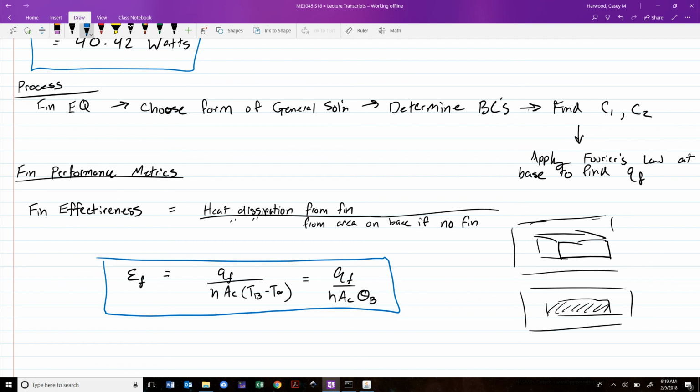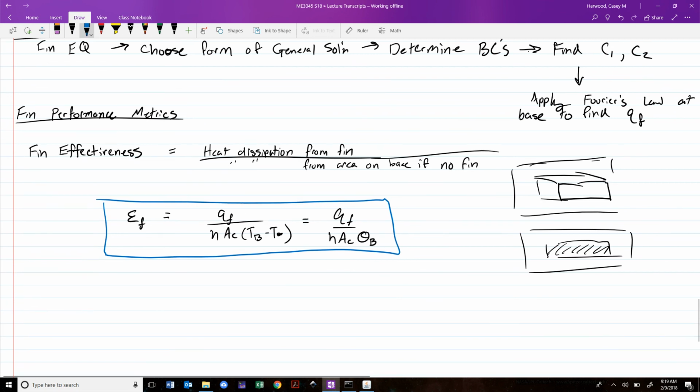So in the case we just looked at, divided by 51.7, the fin effectiveness for the example above, epsilon_f, works out to a value of 78.9.